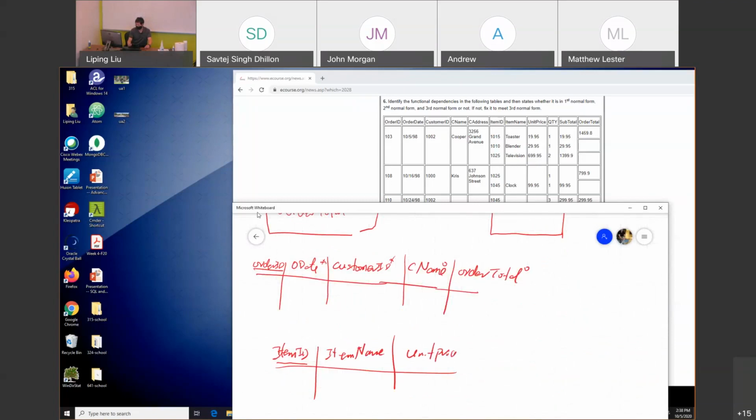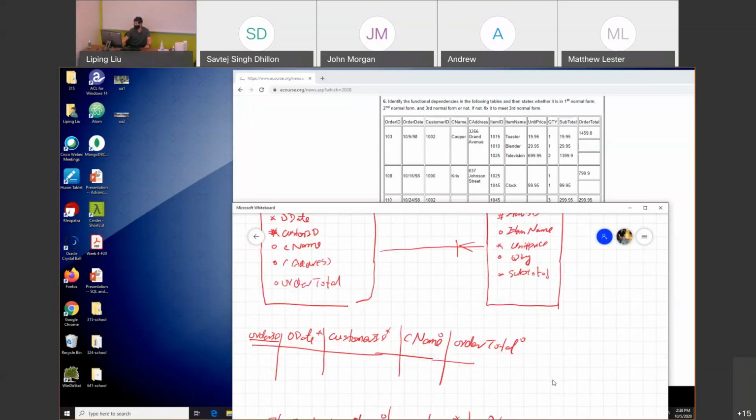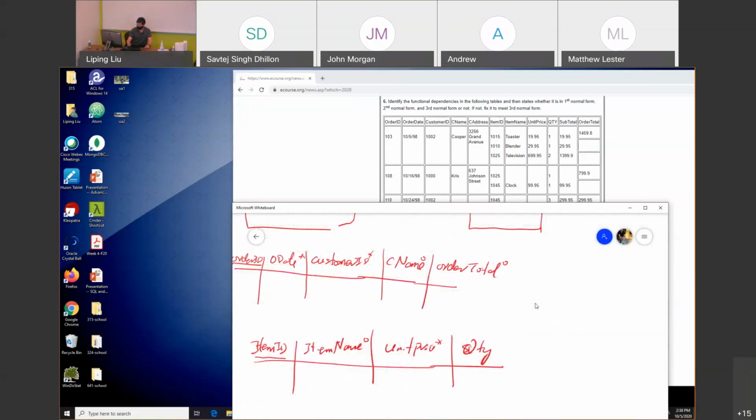Was this optional? Unit price may be required. And then quantity. Quantity is optional. Those optionalities you can just judge based on the data in the table. And then subtotal. Okay, so that is also required or optional.